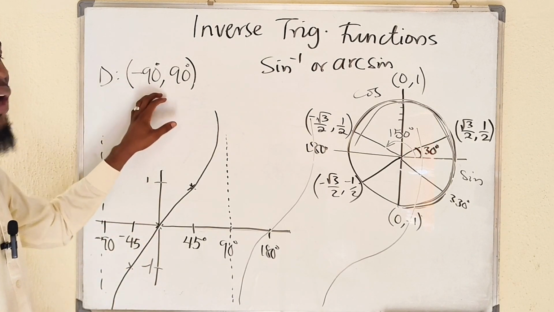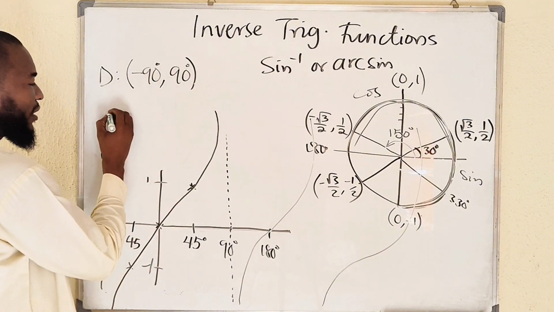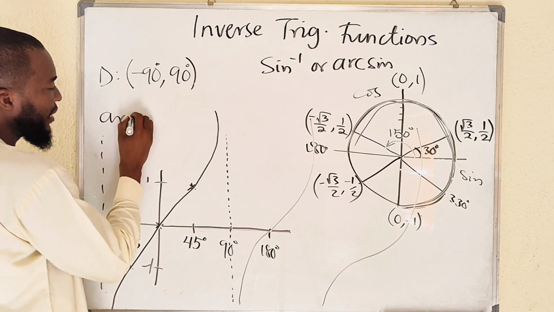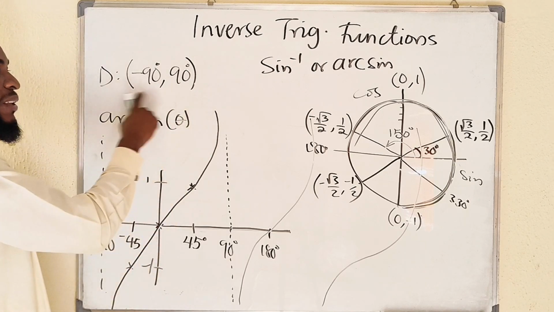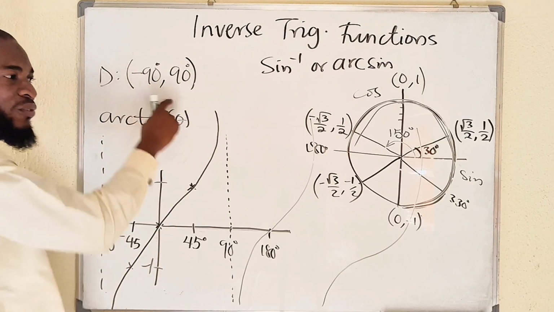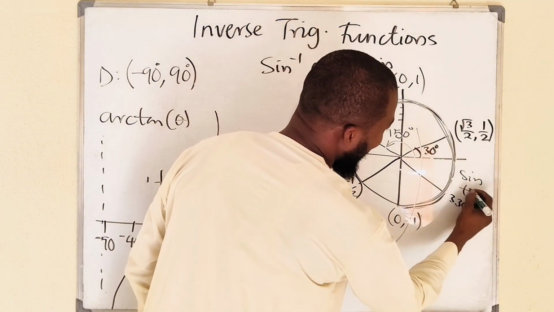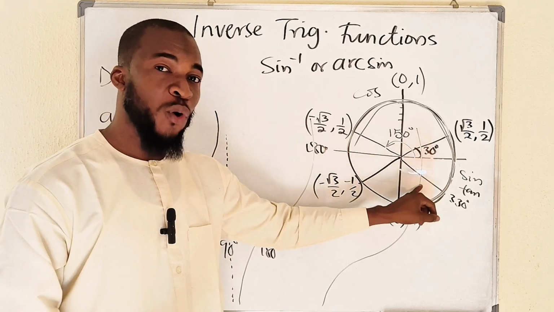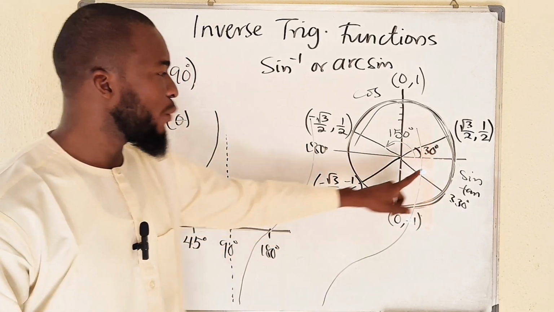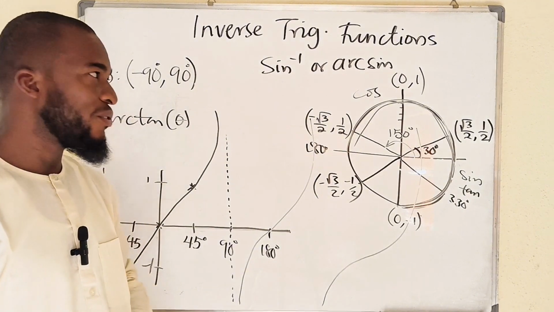So it will serve as your output in the inverse trig function, that is arc tangent of that angle you are looking for. It will give you a result within this range, which is the same thing with sine. So we have seen sine and tangent will return values within the first and the fourth quadrant, while cosine will return values from 0 to pi or 180 degrees.